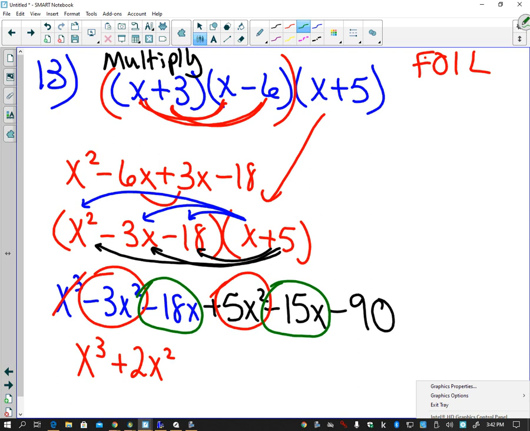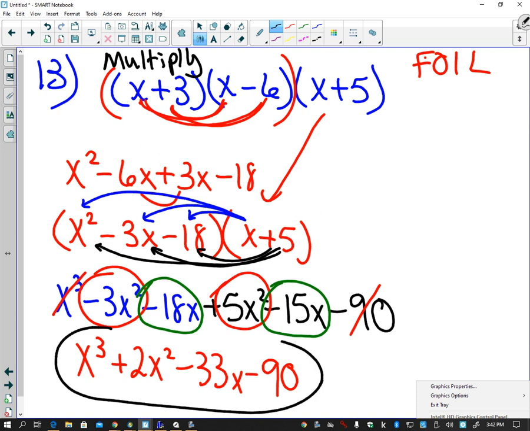So negative 18 minus 15 is negative 33x, and then our negative 90 has no like terms. It's just left to itself, like what we see here. And this is our final answer for that work. So you FOIL, and then you FOIL again.